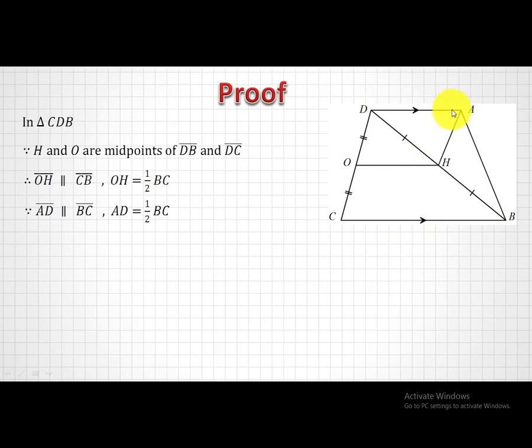And since AD is parallel to BC, and AD equals half BC, and OH is parallel to BC, then OH is parallel to AD. Here OH equals half BC, and AD, given, equals half BC. Then OH equals AD. Therefore OH equals AD, and OH is parallel to AD.